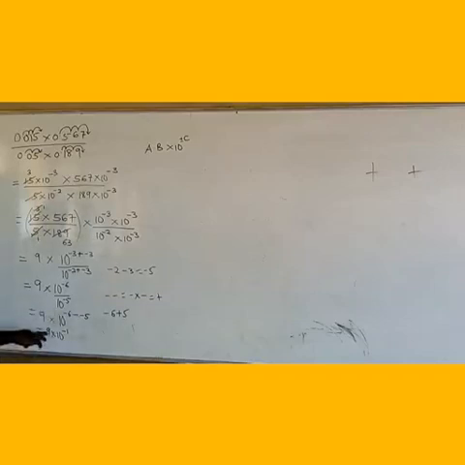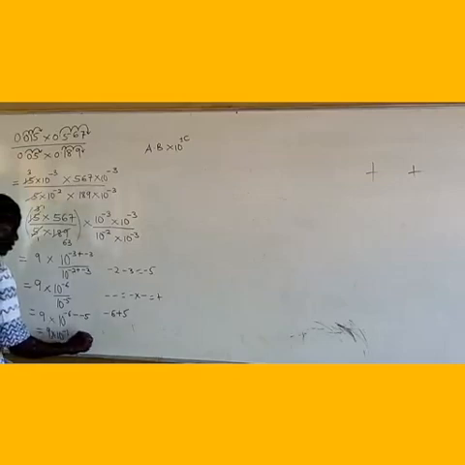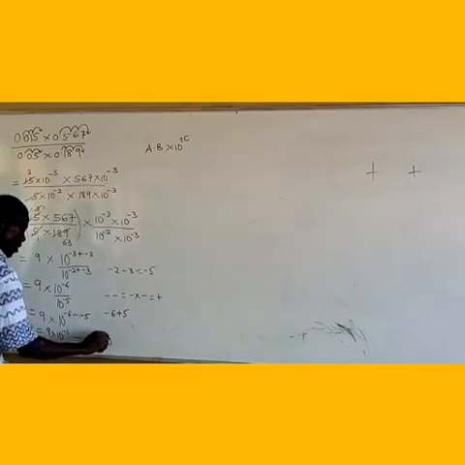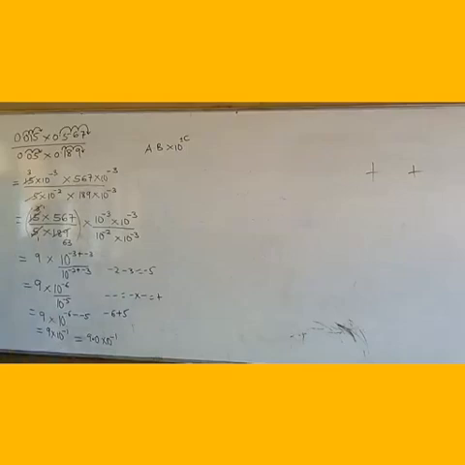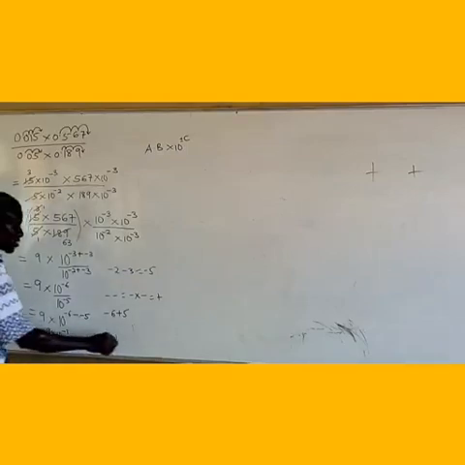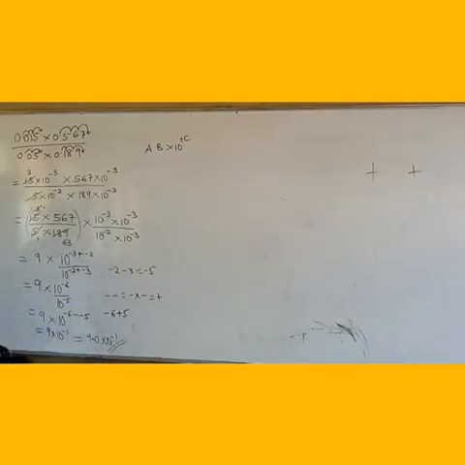Since this is not a 2-digit number but a single digit number, we write 9.0 times 10 to the power -1, which is the same as 9 times 10 to the power -1. And this is the standard form the question wants us to leave the answer in. So that's question 1A.